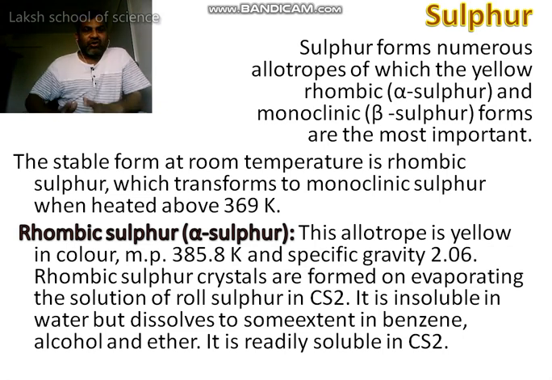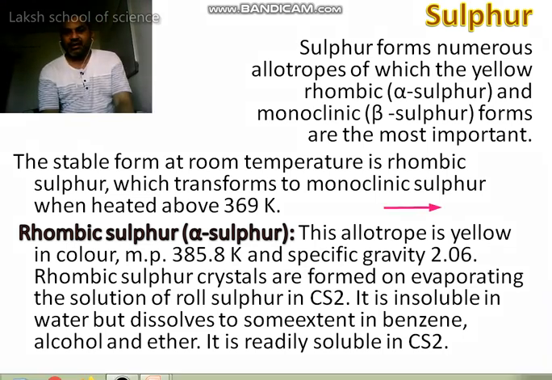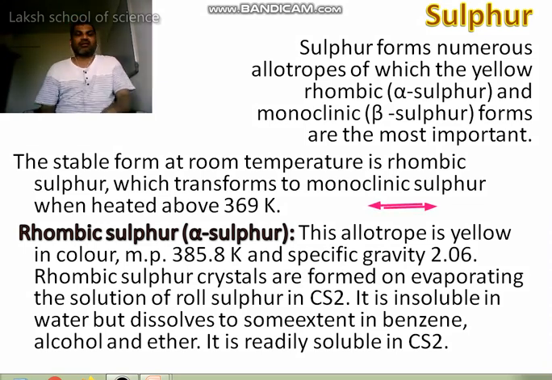Now we are going to talk about alpha sulfur, that is rhombic sulfur. This allotrope is yellow in color, melting point 385 Kelvin, and specific gravity is 2.06. Rhombic sulfur crystals are formed on evaporating the solution of roll sulfur. Roll sulfur means like needles.